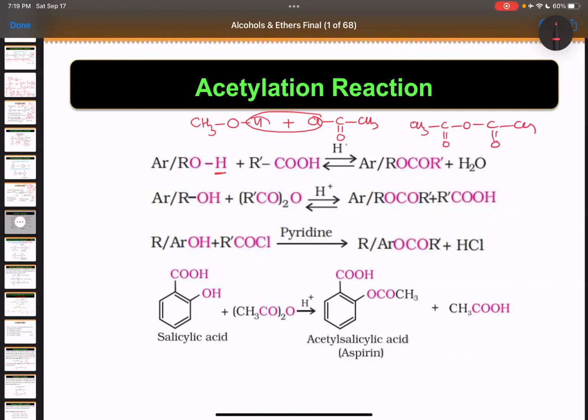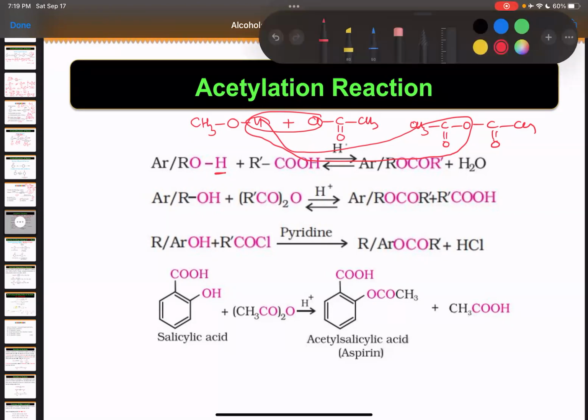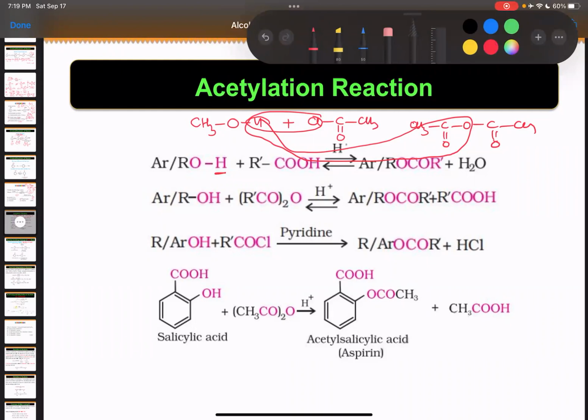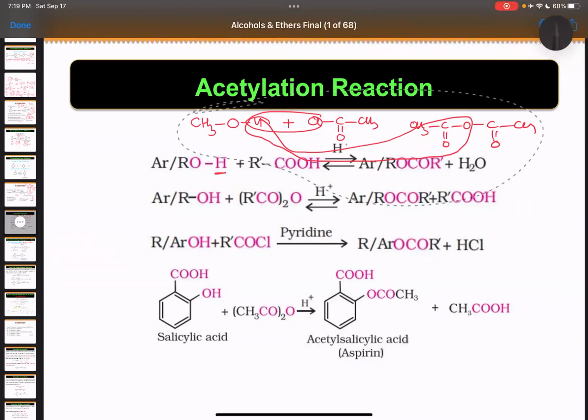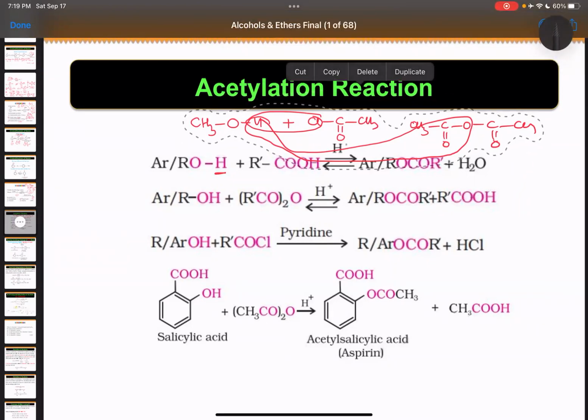In acetic anhydride, this whole thing gets removed, an acetic acid molecule is removed. And in acetyl chloride, you will have HCl removed. Is it clear or not? Memuna, Vamsi, tell me quickly. So the OH gets acetylated and you end up with an ester.